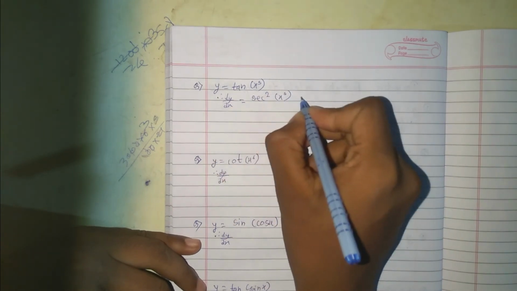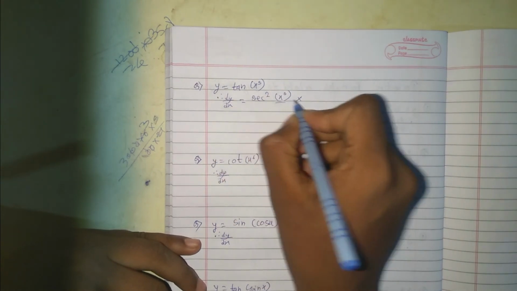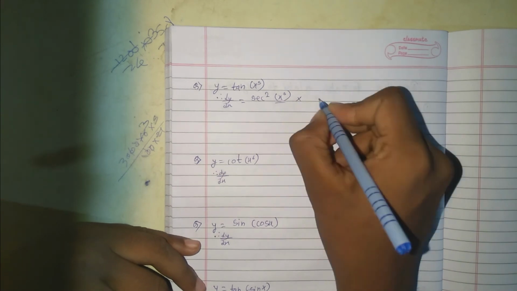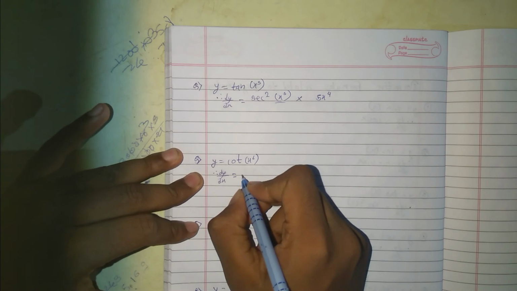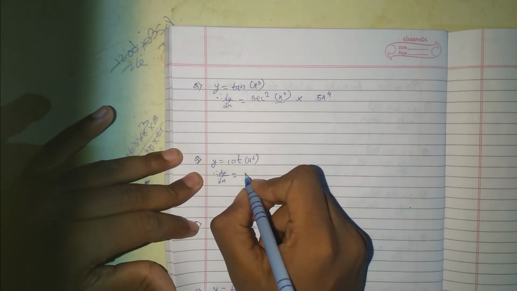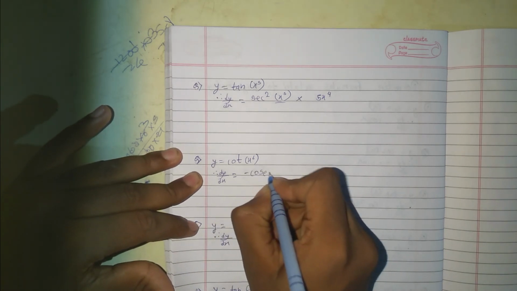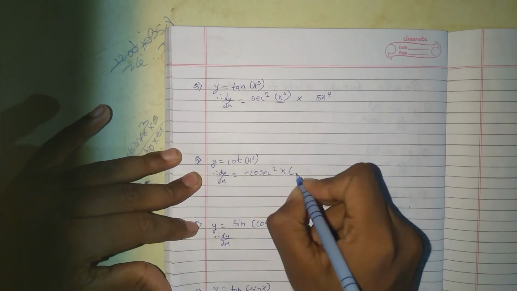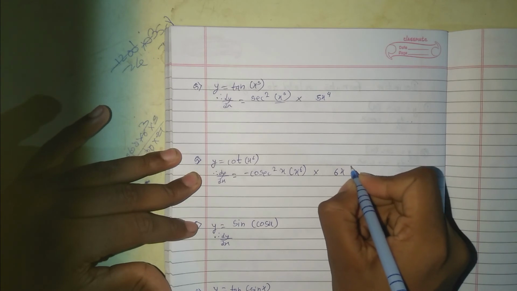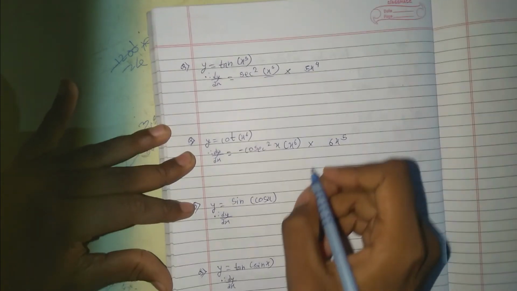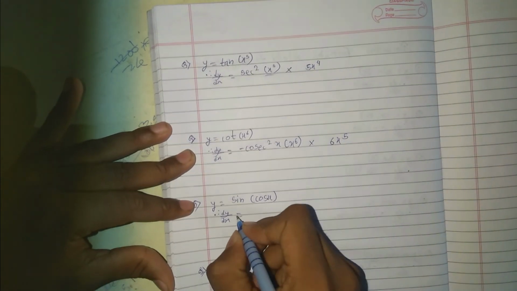We will keep this as it is, and now we take the derivative of x raised to 5, which is equal to 5x raised to 4. Next, cot's derivative is minus cosec square x of x raised to 6, the bracket remains the same, into 6x raised to 5, subtracting 1 from the power.